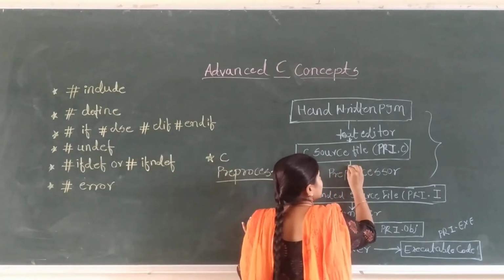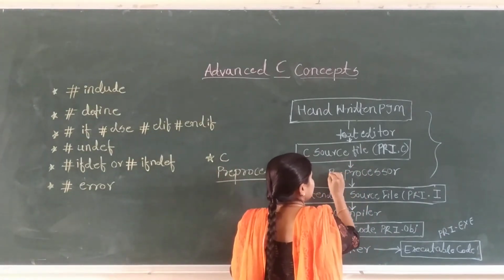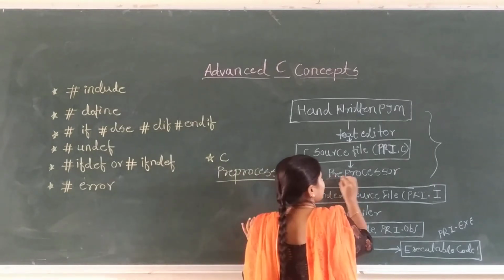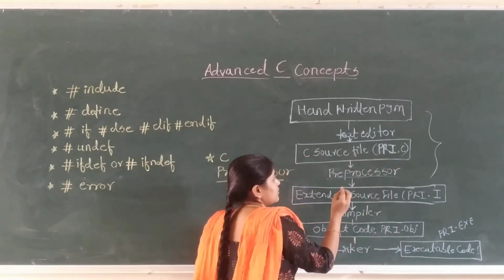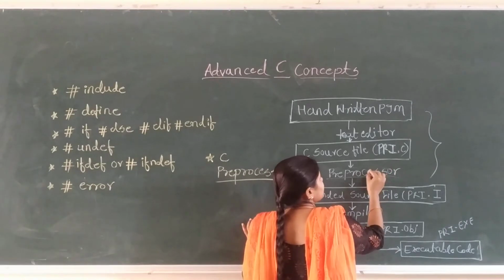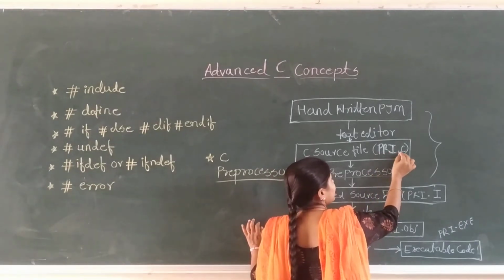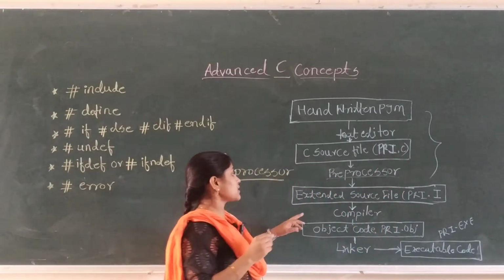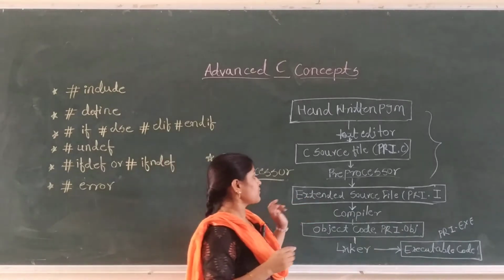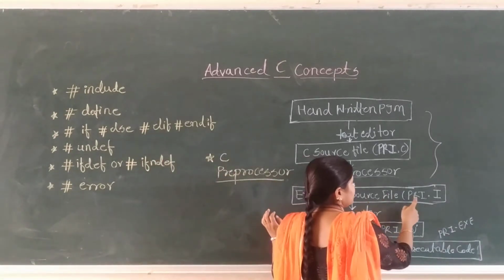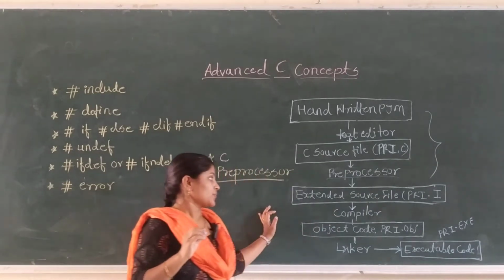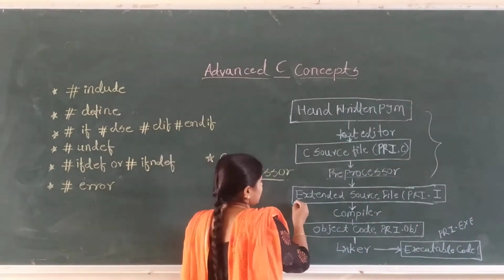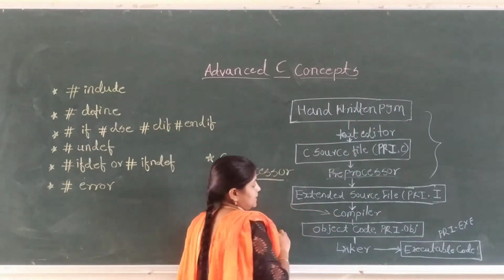This input goes to the preprocessor. The preprocessor works on the pri.c file and gives the output in the form of an expanded source file, that is pri.i.